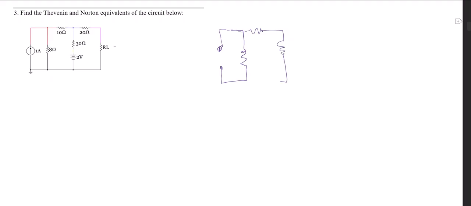And voltage sources become short. And now my job is to simplify the resistors to the left of where my terminals are over here.